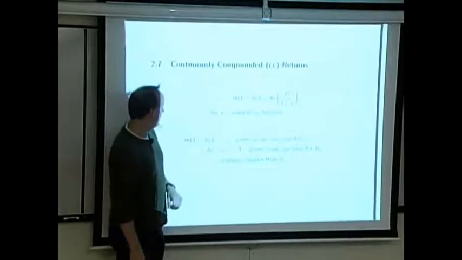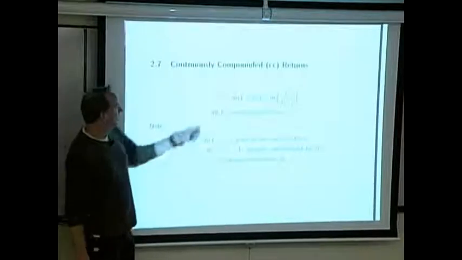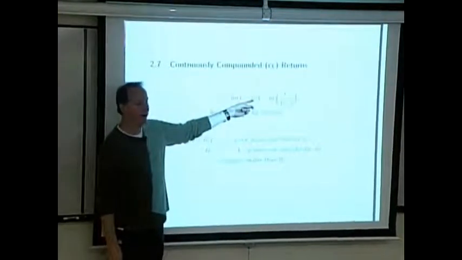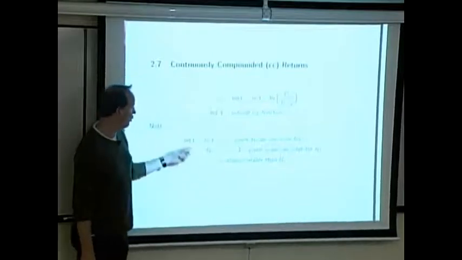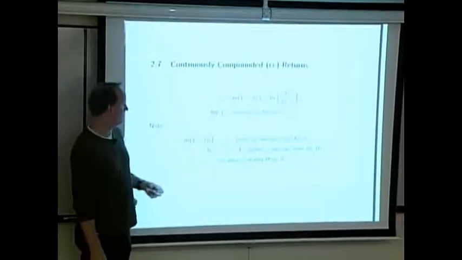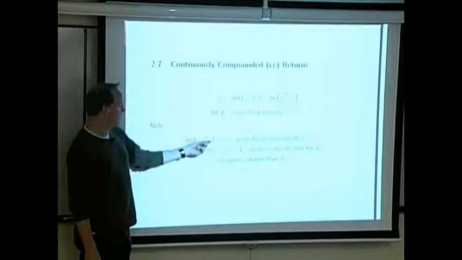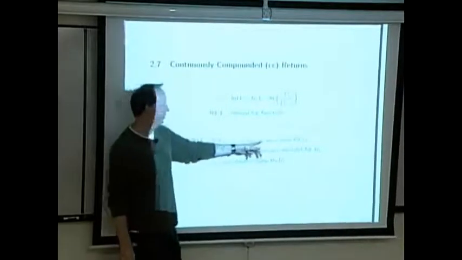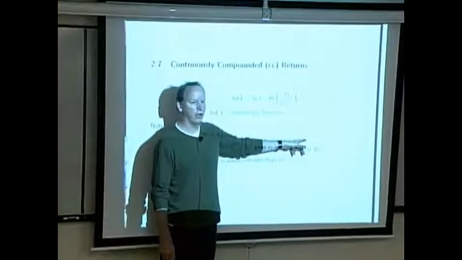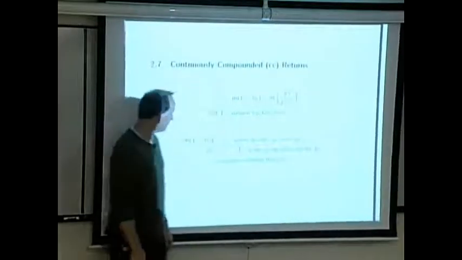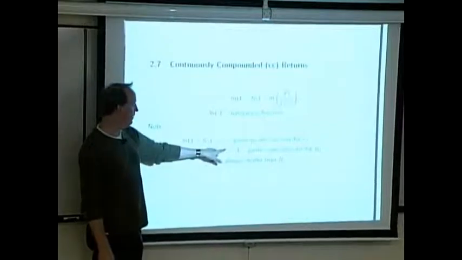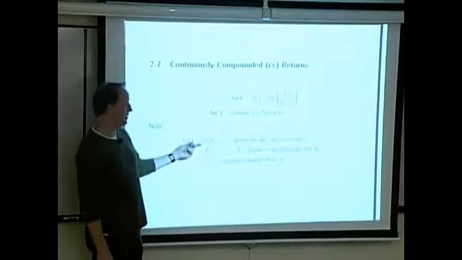Okay? Now, because the continuously compounded return is defined from the simple rate of return, we can go backwards and forwards between these two. The logarithm of 1 plus the simple return is the continuously compounded return. So given a simple return, we can solve for the continuously compounded return. Similarly, if we know the continuously compounded return, we can reverse this relationship.